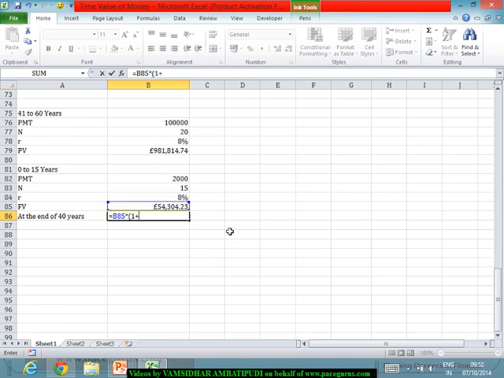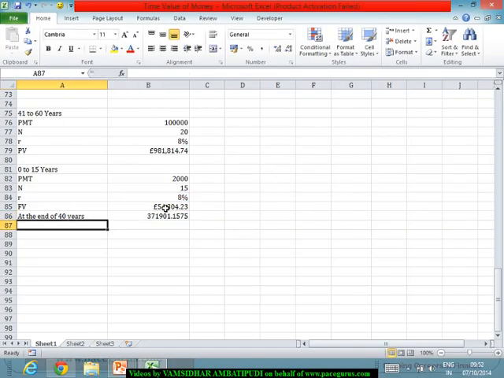So what is it becoming? 1 plus R to the power 15, to the power 25. For another 25 years, this amount is getting invested as a lump sum. So this amount is directly working out to 371,901.